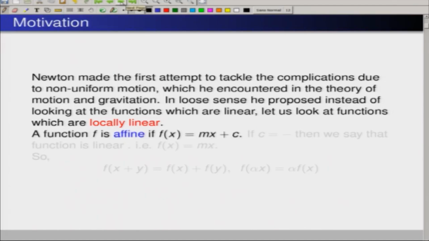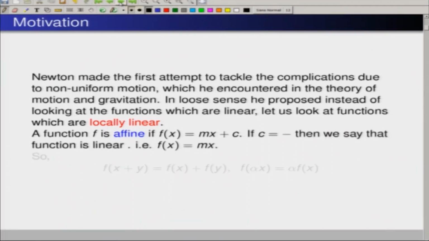Well, what is a linear function? We say a function is affine if f of x equals m x plus c. We are familiar with this. Now, if c is equal to 0, then we say that the function is linear. That means it is a line which passes through the origin.